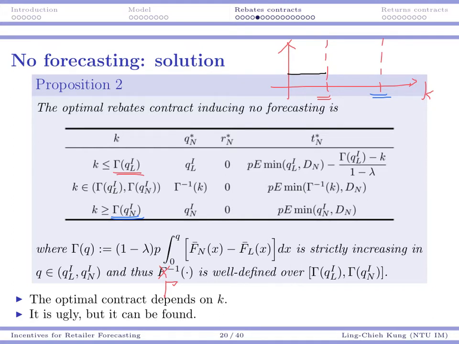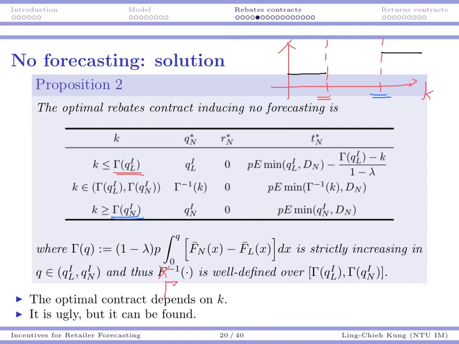When k is greater than the upper threshold, our quantity will be another fixed number. Here, this is the pessimistic system optimal quantity. That's the production quantity when we think the demand is bad. This is the quantity when we have no idea about whether the demand is high or low. So obviously, the second one is higher.